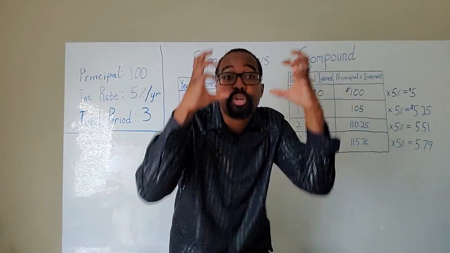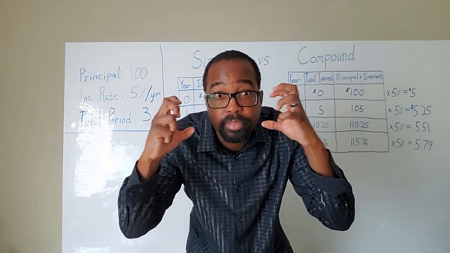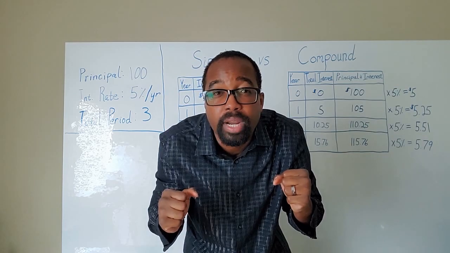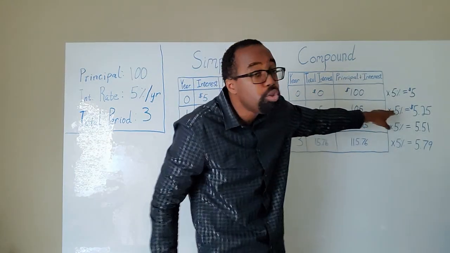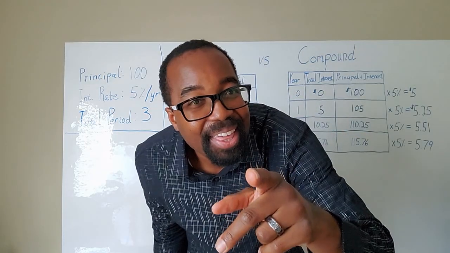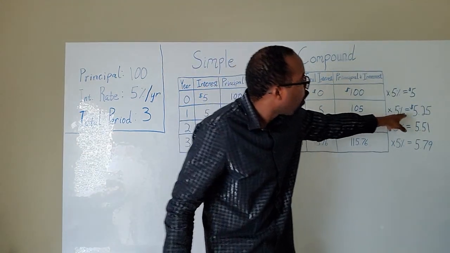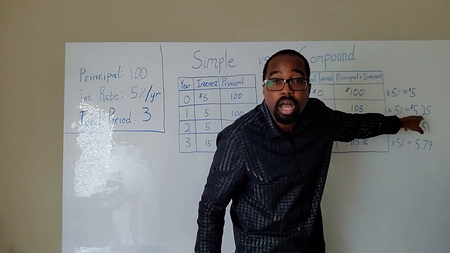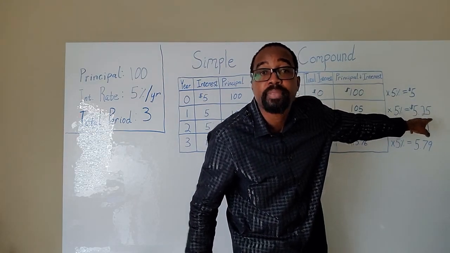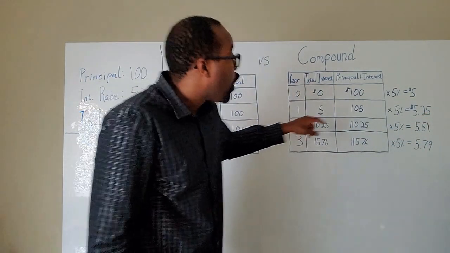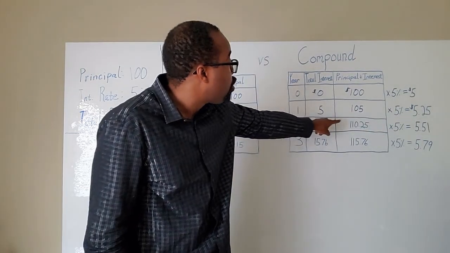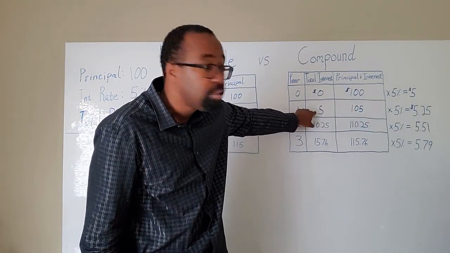Remember, it is the principal and the interest that we're taking into account here, all right? And we are multiplying it by the rate of interest. That's right, the rate of interest is 5%. And so we come up with $5.25.